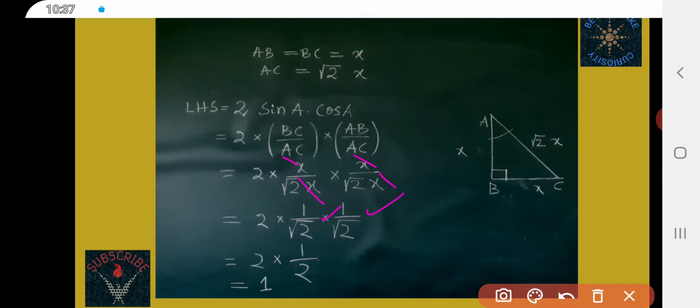Root 2 into root 2 is equal to 2, and 1 into 1 is 1. So 1 by 2. So we have 2 into 1 by 2. 2 cancel, then we get 1 is equal to RHS, that is 1. Okay.